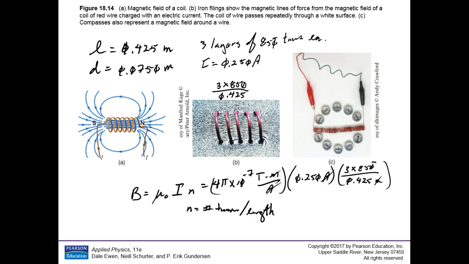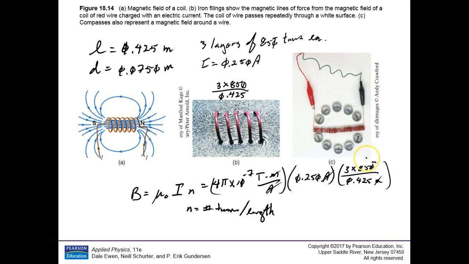So, pull out your handy-dandy calculators and see what you got. There's no 2 pi to cancel out the 4 pi, so you're going to have to use 4 pi EE or EXP 10 to the minus 7 times 0.250 times 3 times 850 and divide everything by 0.425.